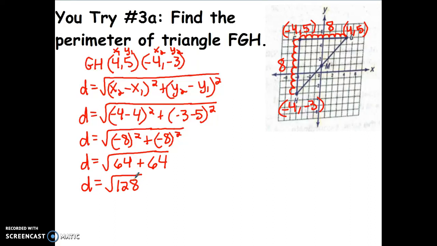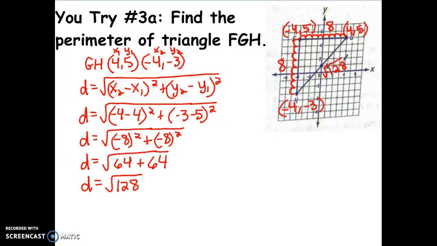When you're doing perimeter and area problems, you want to leave it as the exact answer, which is the radical answer. So the length of this line segment is the square root of 128. You don't want to get the decimal and round at this point because it may throw your answer off.